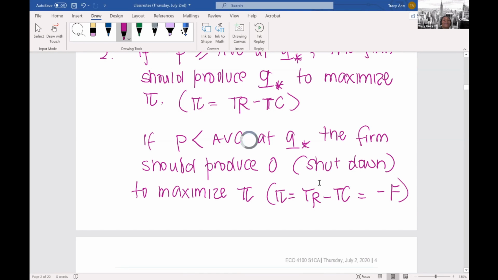The second thing that I wanted to say right here is that we call this shutting down. Shutting down is different from exiting a market. Here's why. When you shut down, your presence still exists in the market. In other words, when I decide I am not going to sell any meals this week from my food truck, I am still in the market of selling food truck meals. I'm still present in the market. I still have fixed costs.